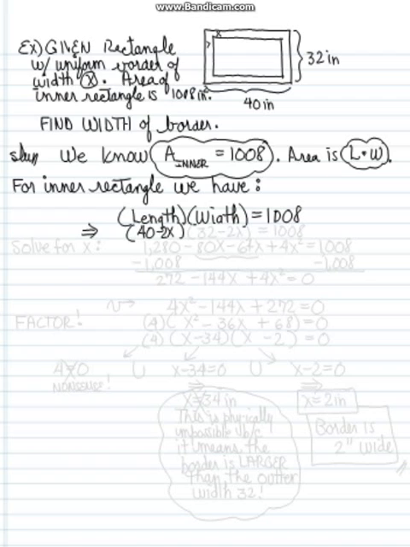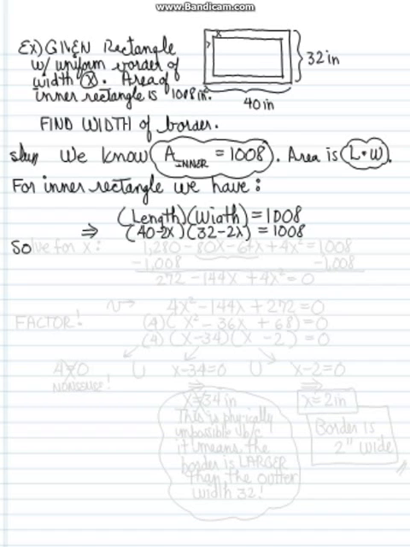See the x's? I'll label them here. The thickness all the way around is x. And then the width is not 32. The inner rectangle width is the 32 minus the x on the top and the x on the bottom. So it's 32 minus 2 times x. That's what equals 1,008. Okay, so let's solve this equation for x.